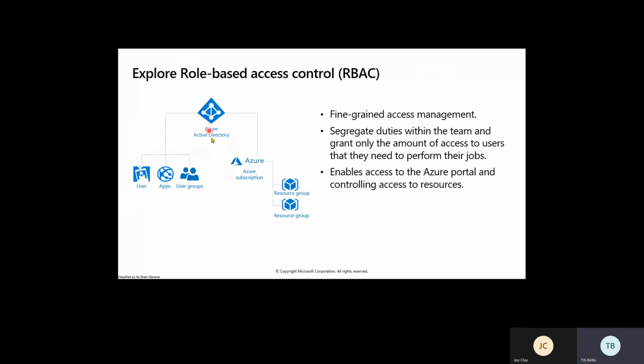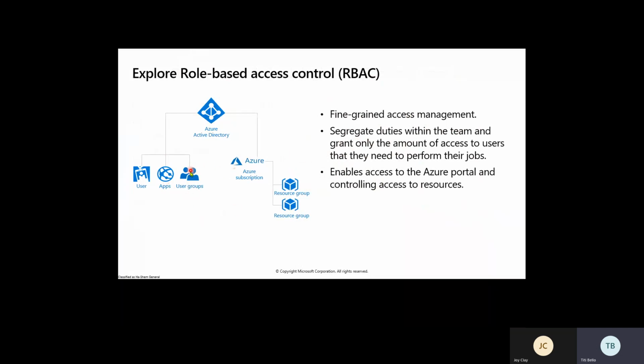Like we say, we have our Active Directory, and in Active Directory, you have your users, your groups, your applications. Now, even if you have a user and you didn't give them access to certain applications, they will not be able to access it. You can either assign role to a user or to a group of users.